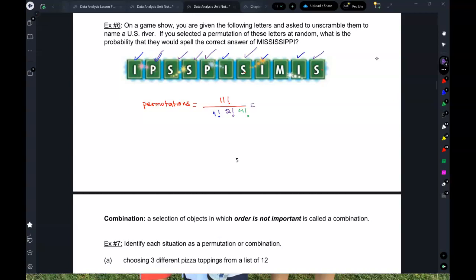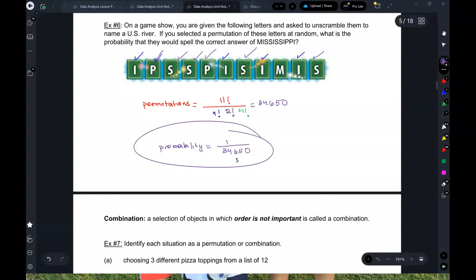This is a total of 34,650 possibilities. Out of those, only one is correct, so the probability is very low. In fact, it's 1 over 34,650. We don't care. It says probability, so this is good enough.